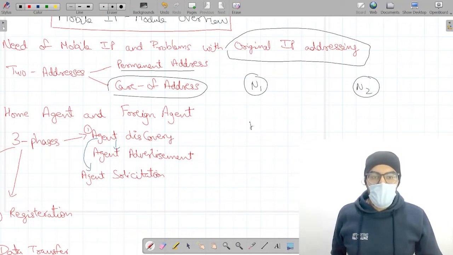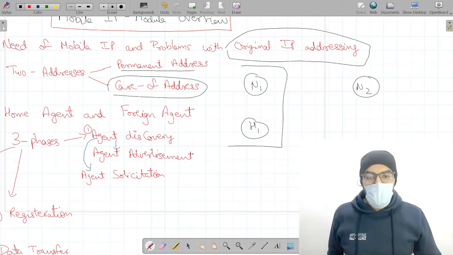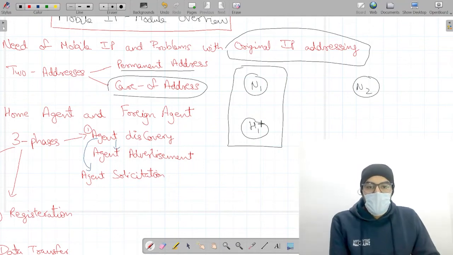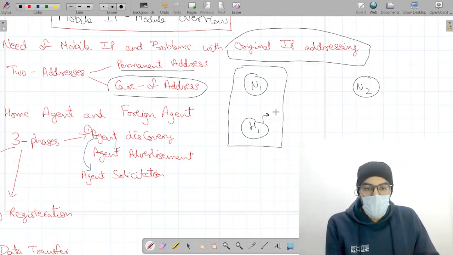Now let's say there is a host 1 which is a permanent part of this network 1. Let's say this host 1 has a permanent address. That's what I'm writing as PIP, permanent IP address.